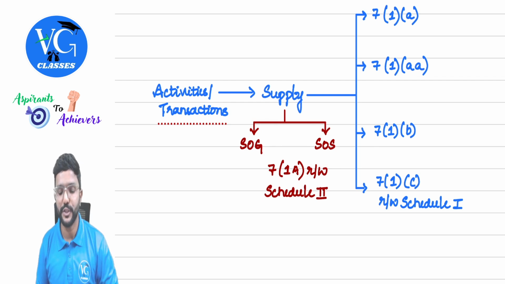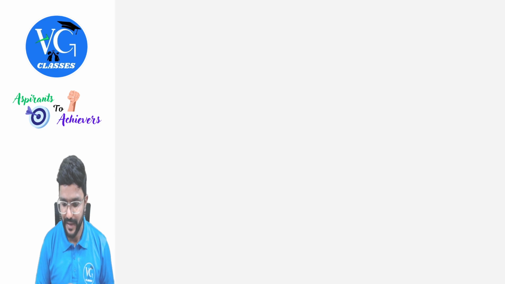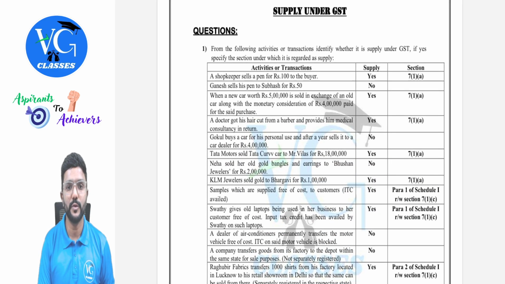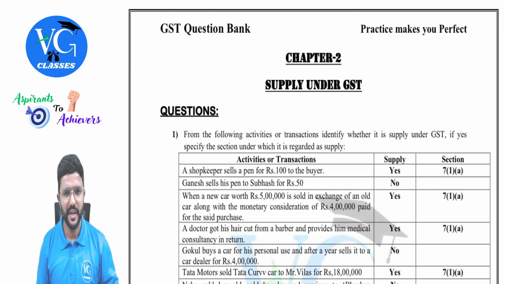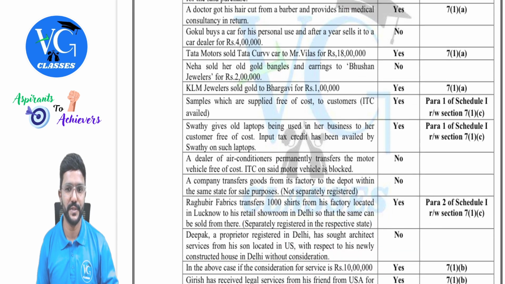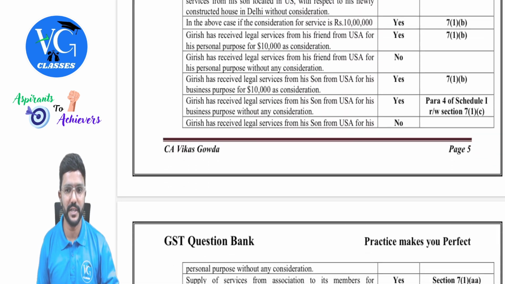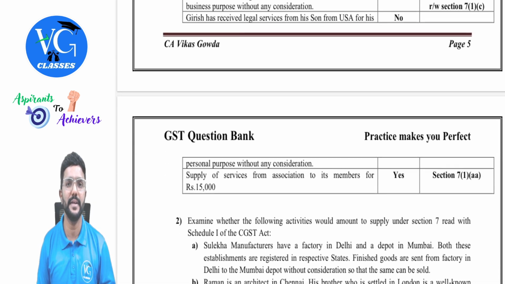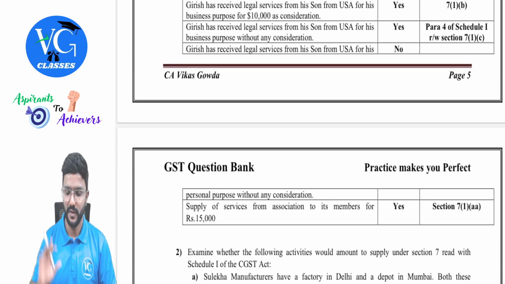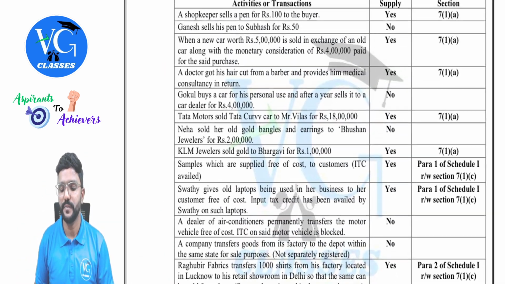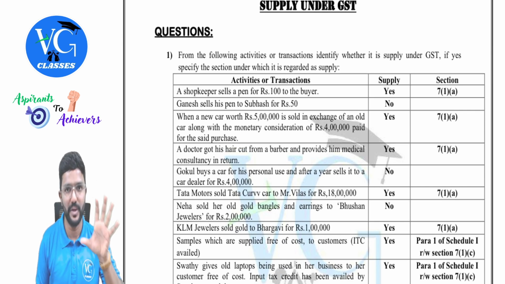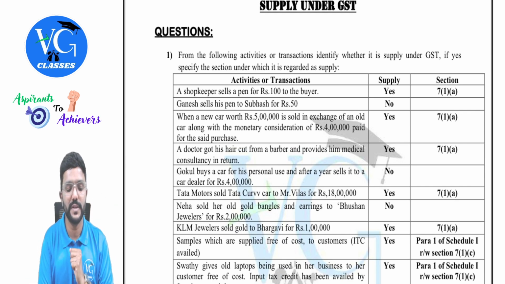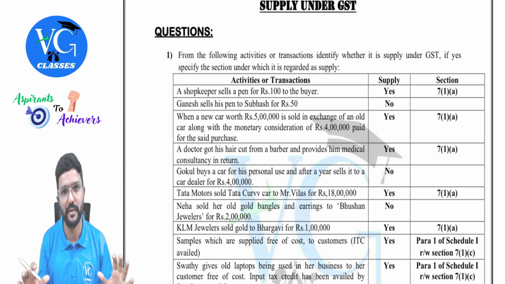And in my question bank, I will just show you. I have given question number 1 in chapter 2, where I have given a number of transactions which we need to identify, whether it is a supply, and if yes, as per which section. I have already given the solution also. Please go through it, so that once you have studied the provisions of section 7.1 and then go through this question, you will completely get an idea.